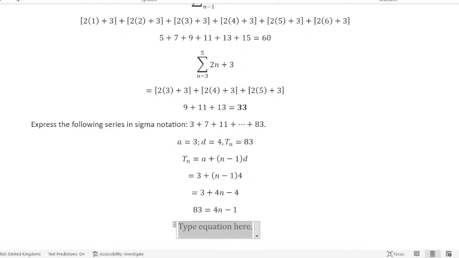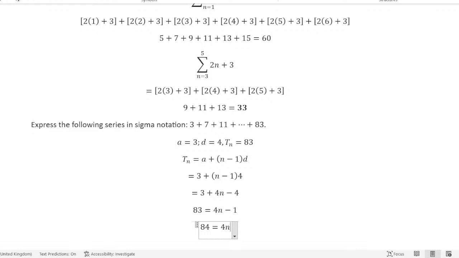Then 84 is equal to 4n. Do you agree? 84 is equal to 4n. So remember, when we transpose negative 1, it became positive 1.